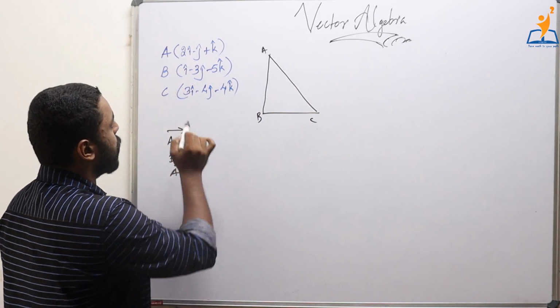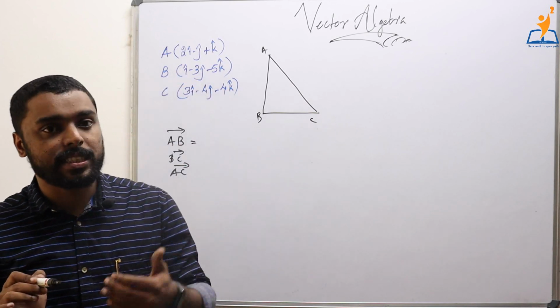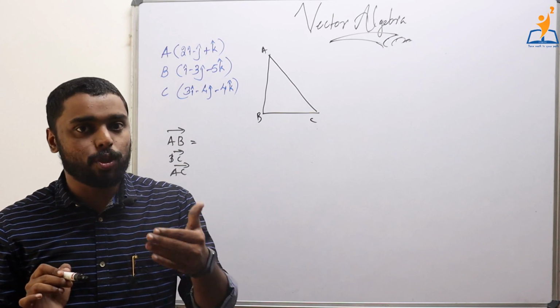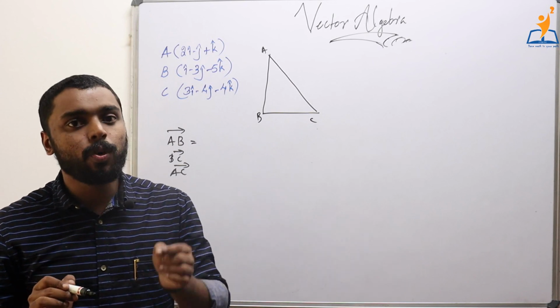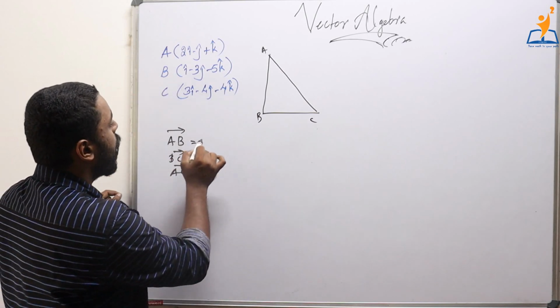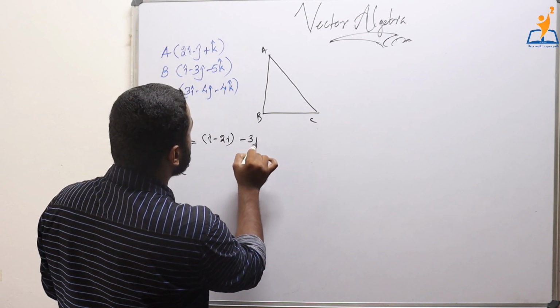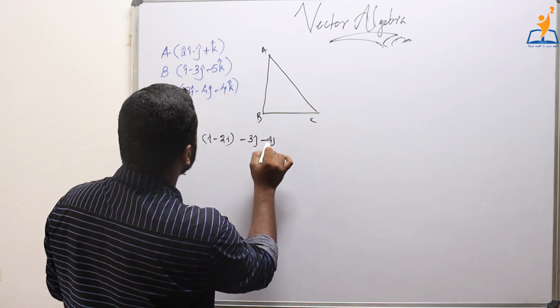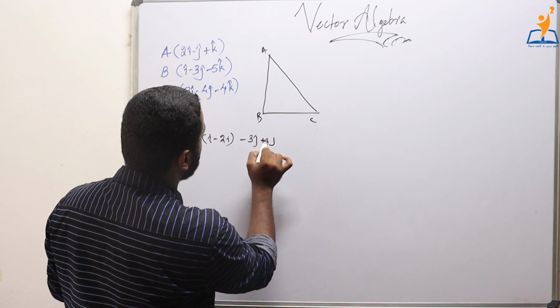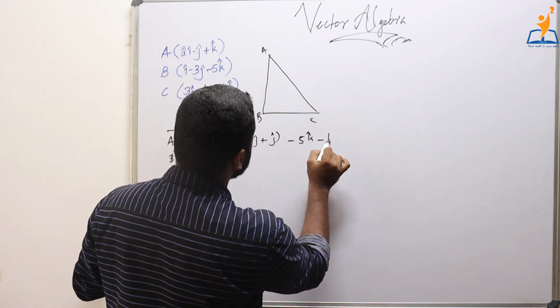AB is nothing but, we know that in order to find the vector AB, which connects the 2 points A and B, it is enough to subtract the corresponding components. So we have i minus 2i, minus 3j minus j, so plus j cap, minus 5k cap minus k cap.